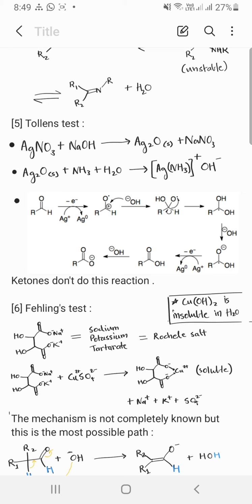NO3 is soluble to a good extent, so it doesn't precipitate, but Ag2O does. AgOH is not stable, so it will precipitate as Ag2O, and that with NH3 forms this kind of complex. So yeah, that's cool. Ag can be converted to Ag metal very easily, right? That's why we use it.